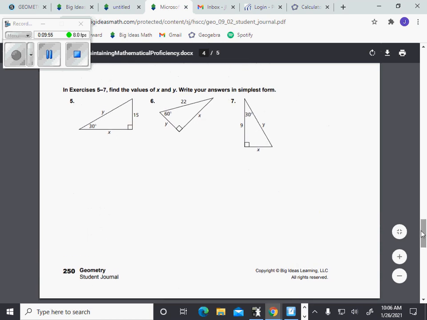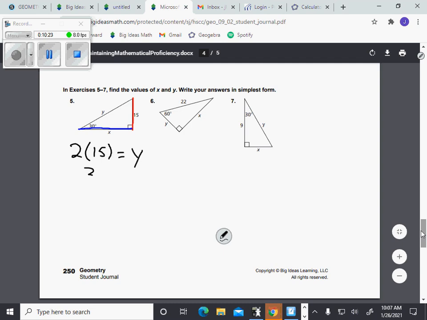Number 5, find the values of x and y. Write your answers in simplest form. So we have the short leg here, which is 15. We have the long leg here, which is x. Remember the hypotenuse y is just 2 times the short leg, so 2 times 15 equals y.